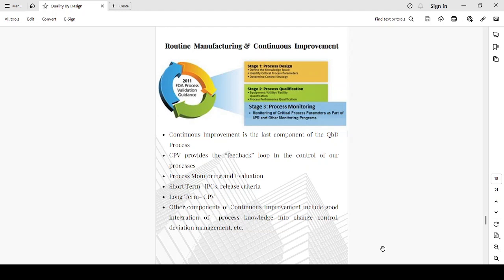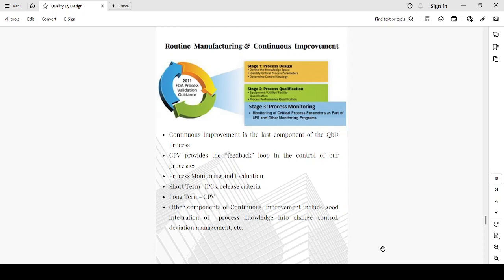Now we will see routine manufacturing and continuous improvement, in which the process design defines the knowledge space and identifies critical process parameters. Continuous improvement is the last component of the QbD process, and it provides the feedback loop in the control of our process. The process is monitored and evaluated, short-term release criteria are given, and long-term parameters are also there.